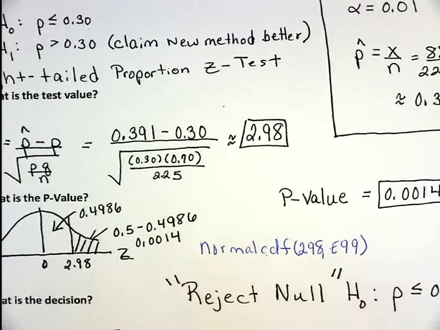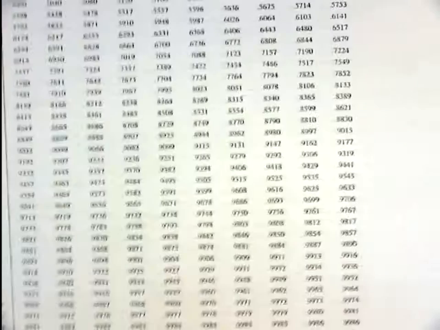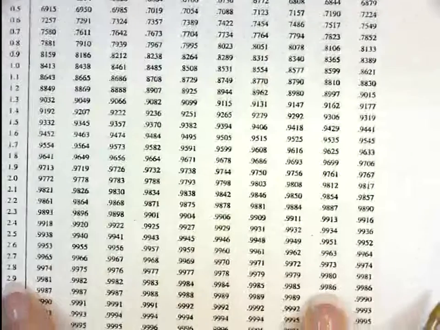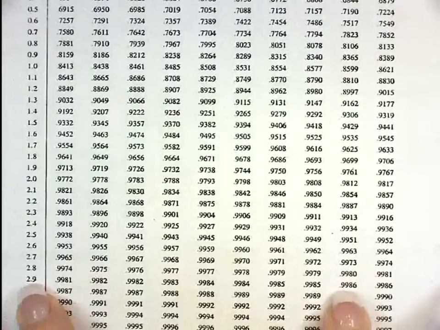0.0014. If you go to your 2-page z-table and you look up a z-score of 2.98, here's 2.9 and here's 0.08. The area below the test statistic of 2.98 is 0.9986. That's the area below the test statistic.